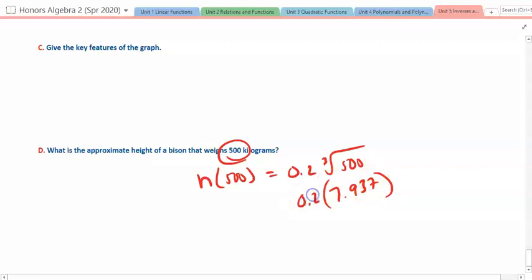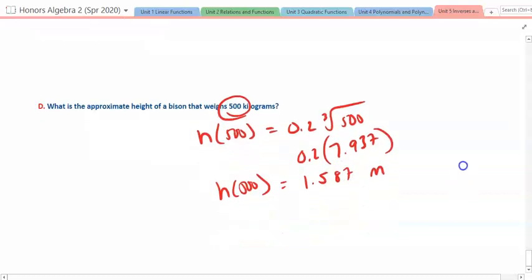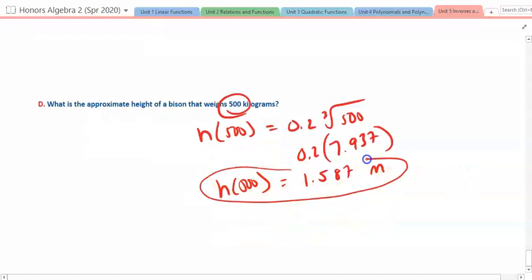We'll multiply that by the 0.2. And so if I have a 500 kilogram bison, we'll get about 1.587 meters as that buffalo's height. And again, that's just dealing with the function. You could do that on a graph as well, using Desmos or using your graphing calculator to get that value.